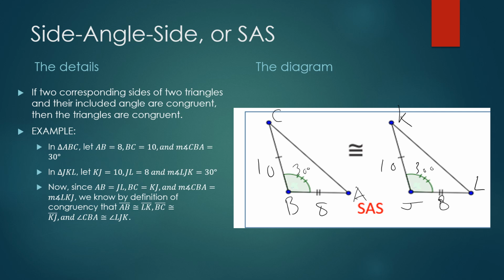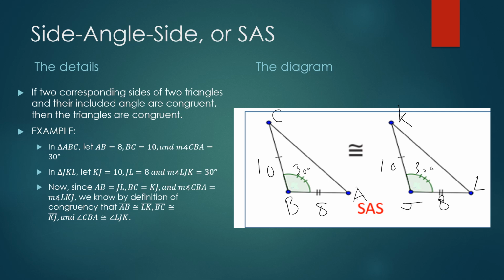It's supposed to be CBA is congruent to KJL. But I got them backwards. How did I do that? Let's see, did I mess up somewhere? AB is 8, JL is 8, CB is 10. I must have just messed this up here. Oh wait, whoops, my apologies, I'm ahead of myself.